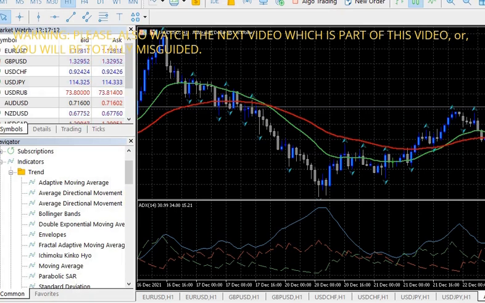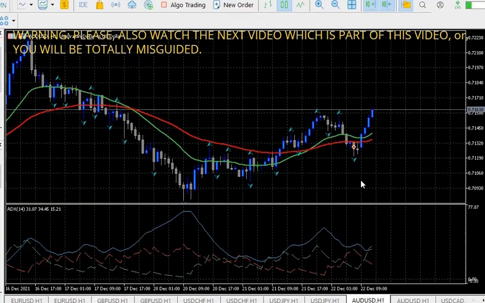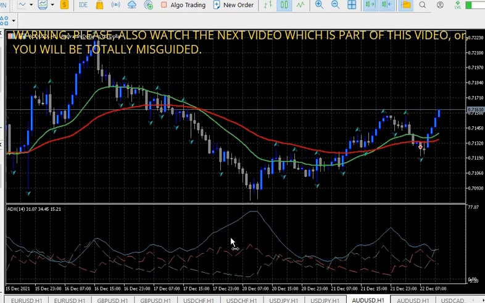As I said, this is useful for long-term trading, but you can also use it for short-term or day trading too.